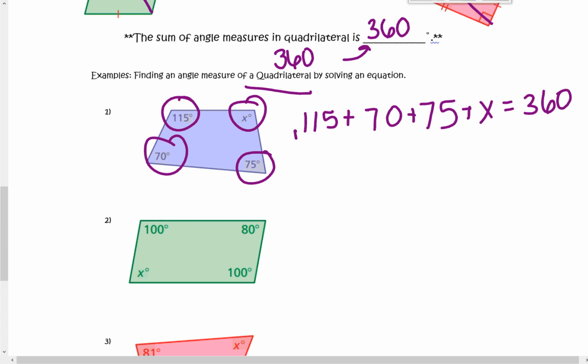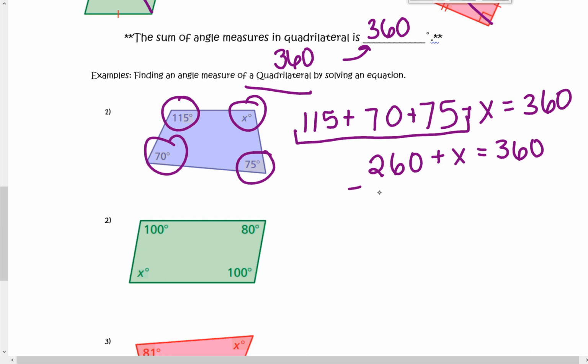First thing we have to do is combine some like terms, so we have these numbers here that we can combine. When I add 70 plus 75 plus 115, I should get 260 plus x equals 360. Our last step to solve is to subtract 260 from both sides of that equal sign.